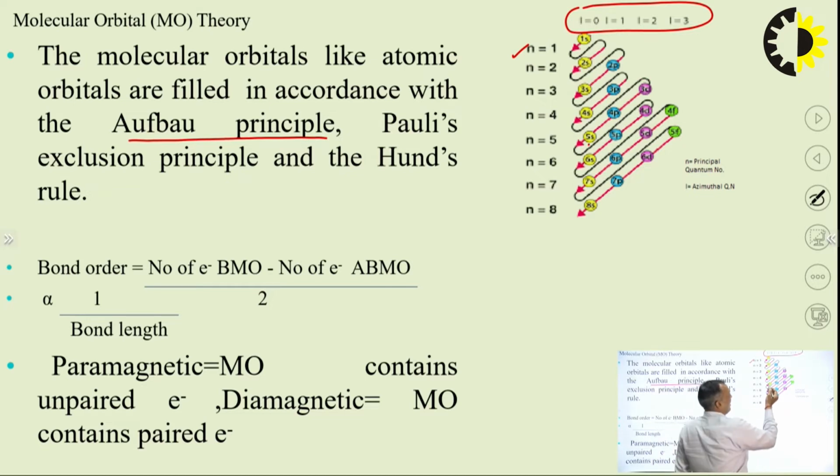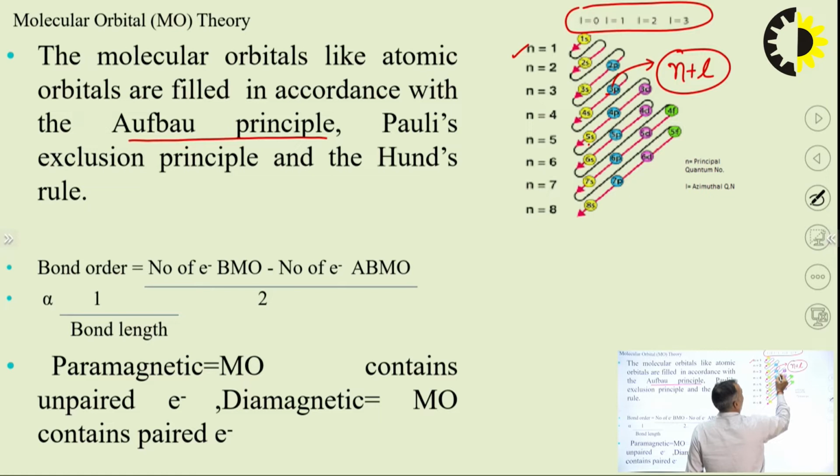So, if I want the energy of this shell, this region, it is basically n plus L. N is 3 and L is for S, for P, for D, for F subshell. So, for P the value of L is 1.